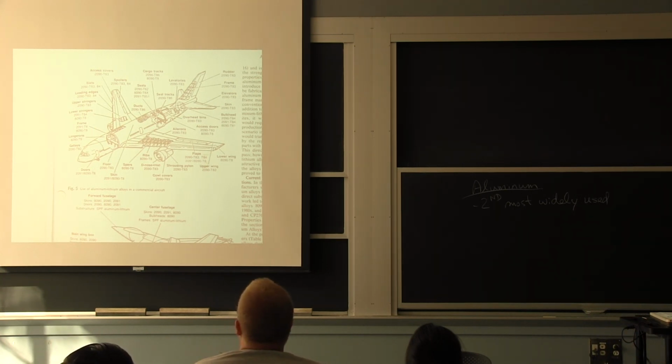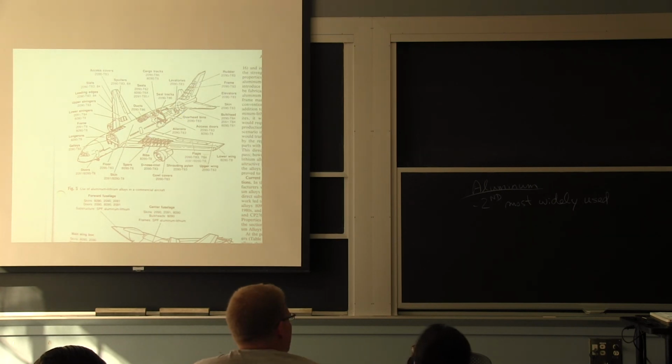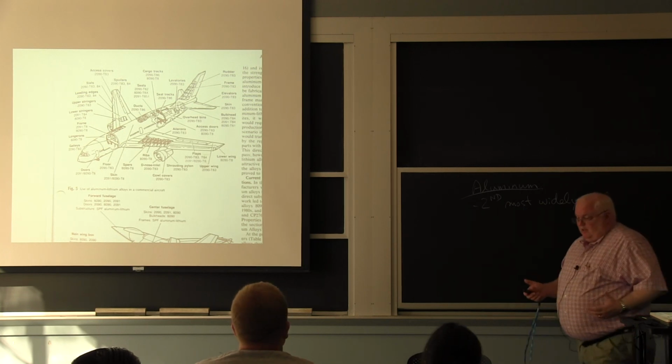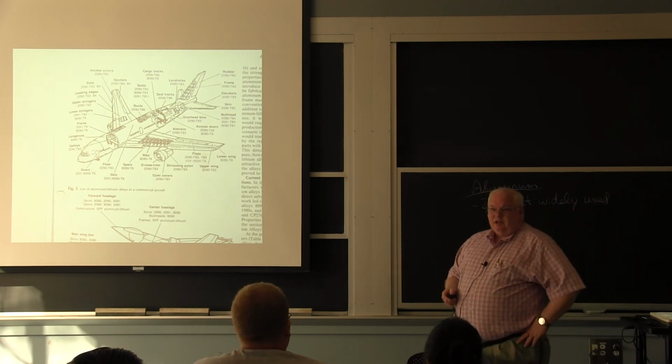If I look at a commercial jet, and this was out of, I think, a 1998 book. It doesn't say, but it might have been a 777. The aluminum lithium alloys were developed in the former Soviet Union, and they have like 5 to 10% lithium in them.